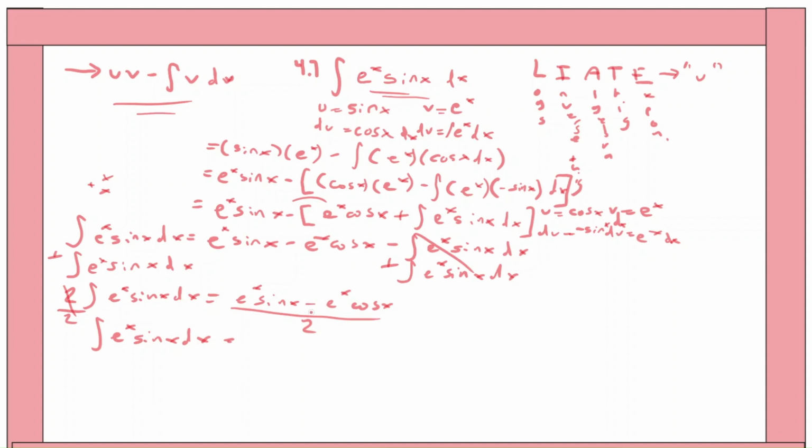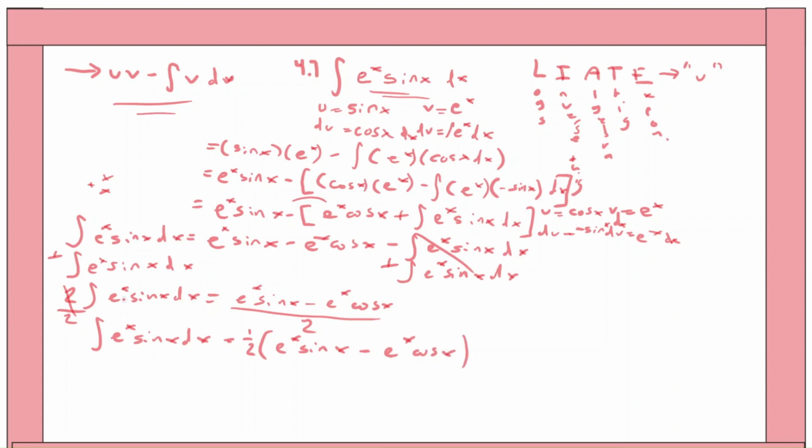Now, usually what teachers will want is for you to write this as a constant in front of everything. It's technically the same thing, but some teachers are very particular. So you'll turn this into a 1/2, because 1/2 is the same as the whole thing divided by 2. So 1/2 times e to the x sine of x minus e to the x cosine of x.